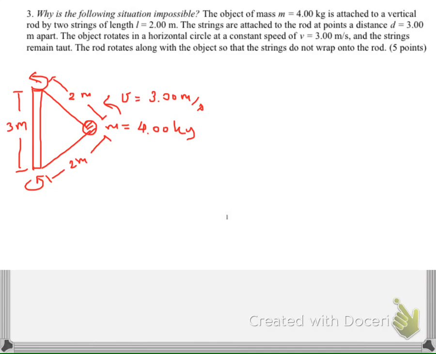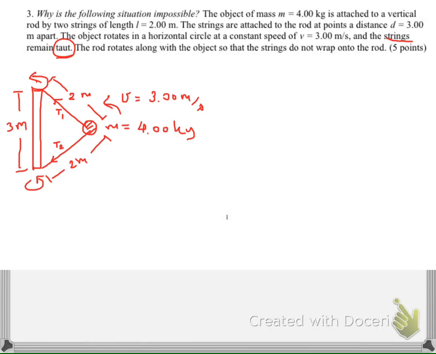And let's say that both strings remain taut. So it means that you must have some tension on the strings. I denote this as T1 and this as T2.